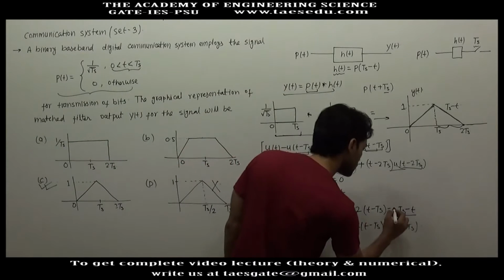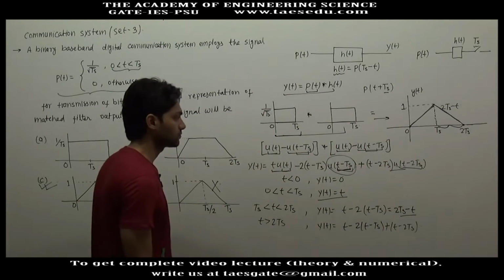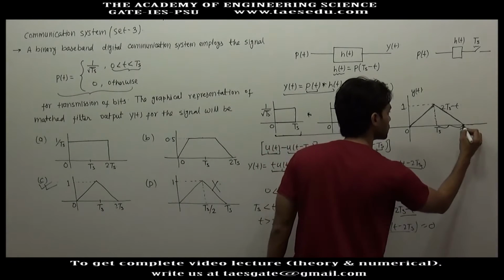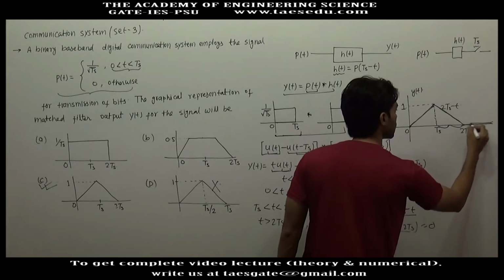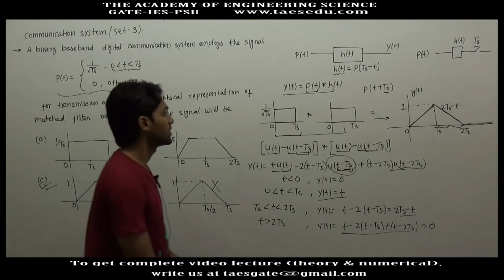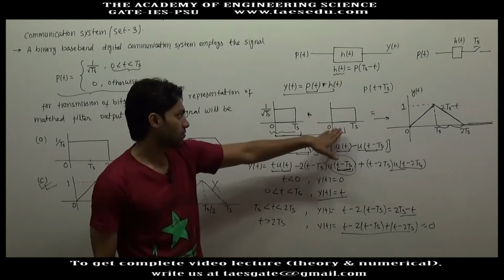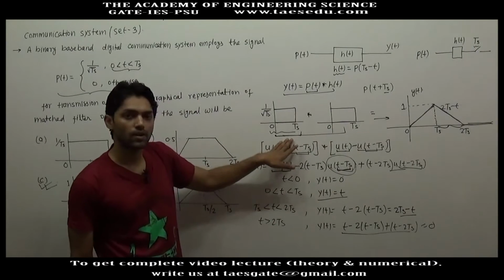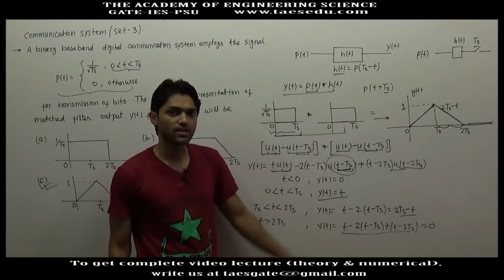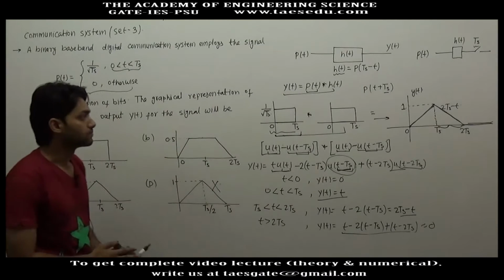Here also this will be 2 ts minus t. So if you calculate it, you will get it as 0. So for t greater than 2 ts, yt will be 0. There is another method: differentiate one function. You will get impulses here, then taking convolution of this rectangular pulse with 2 impulses will be very easy, and after taking convolution, you again integrate the answer, then you will get the final answer, as we did in signals and systems.